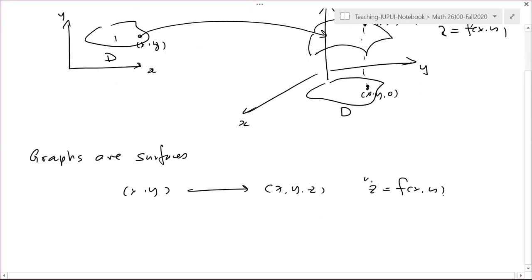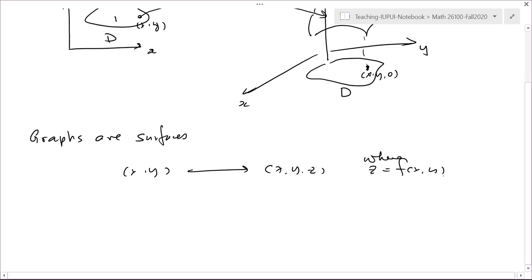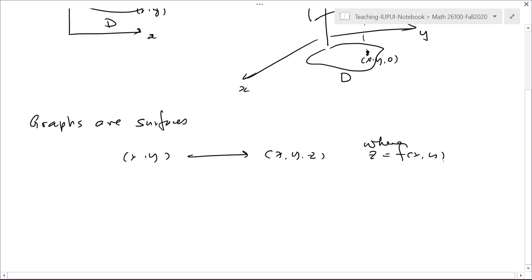Okay, so this is a kind of map. Now if I change the variables, usually we use u, v, but you can use x, y. If you use x, y, I have to describe it. That's the notation problem here.